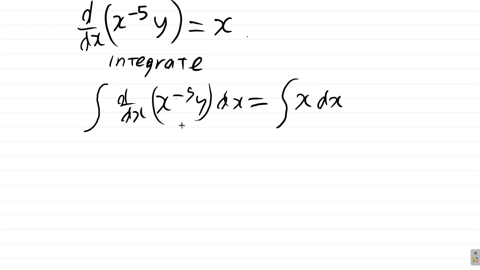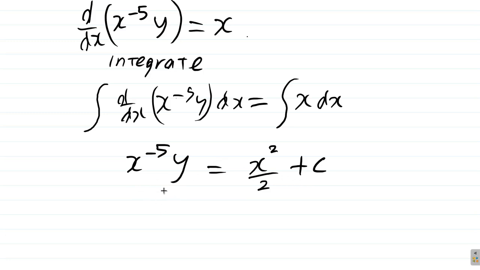Find the square of a number and square root the answer, you get back the number. So you differentiate x to the negative 5y and integrate, you get back x to the negative 5y. They are reverse of each other. So what you have here is x to the negative 5y equals, and then you integrate, this would be x squared over 2 plus c.